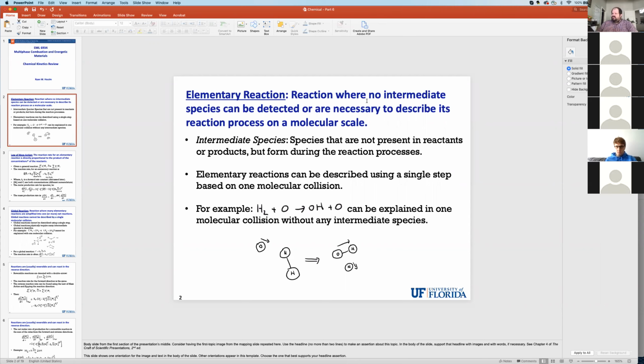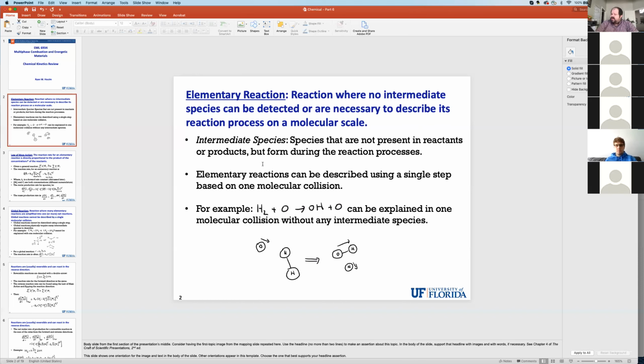There's a whole bunch of intermediate steps needed, and a whole bunch of different gas species that come and go during that process. Those gas species that are neither present in the reactants or the products, but form during the reaction process, are called intermediate species.